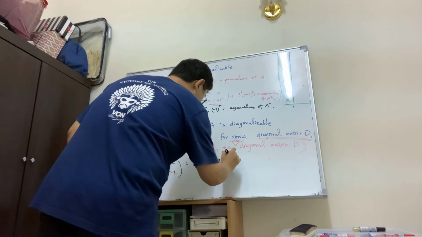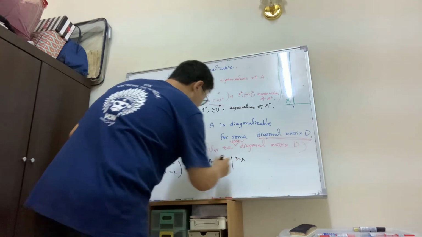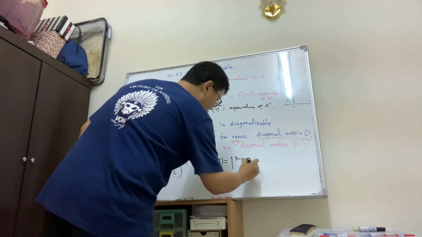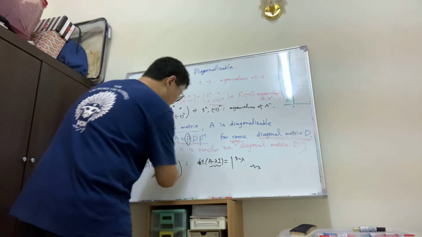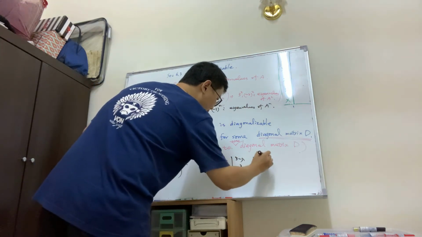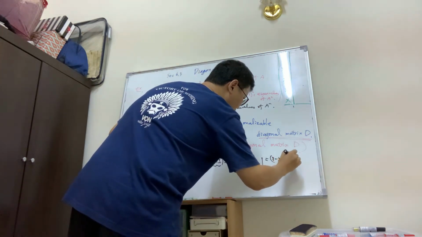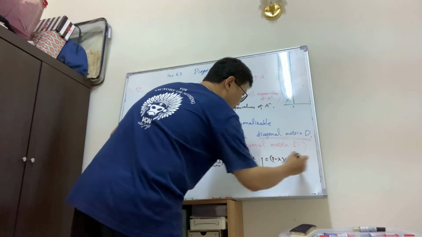Determine A minus lambda I, so it's 3 minus lambda. For its diagonal entries, we subtract lambda. So 3 minus lambda, negative 2 minus lambda, and for all of the others, just keep them, and then the determinant is equal to (3 minus lambda)(negative 2 minus lambda) minus 2 times 3, which is 6.